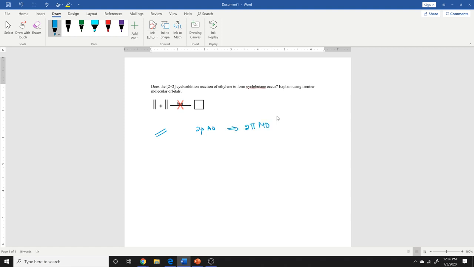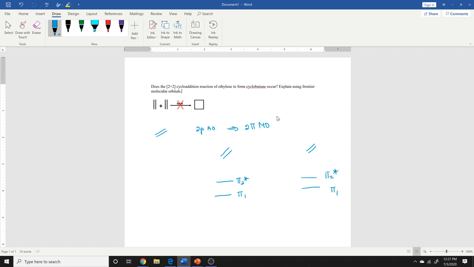So I'm going to draw 2 ethenes in here, since I'm reacting 2 ethenes with each other. I'm going to have my 2 pi molecular orbitals for each one of them. The first pi molecular orbital is going to be pi 1, and the second is going to be pi 2 star for each one of them. This is pi 2 star.